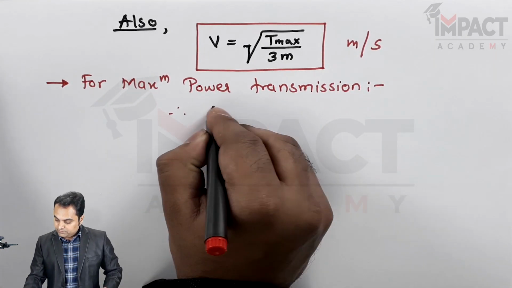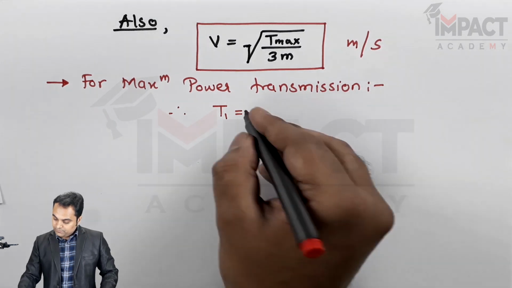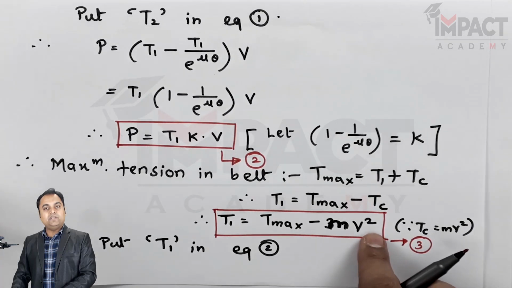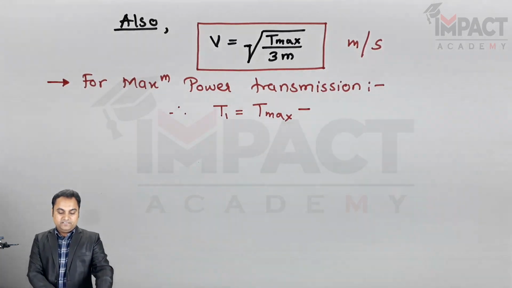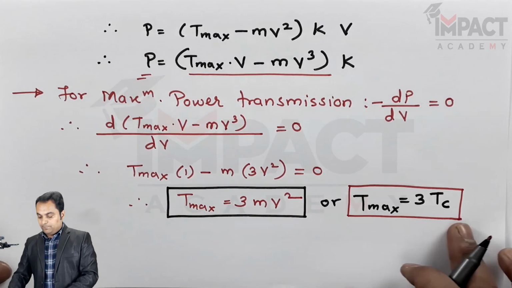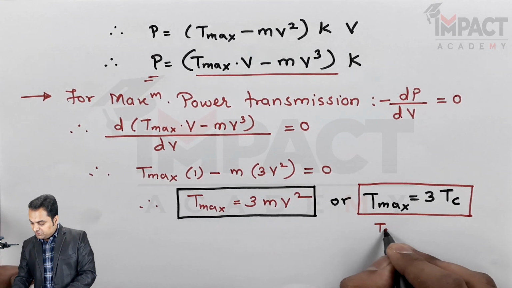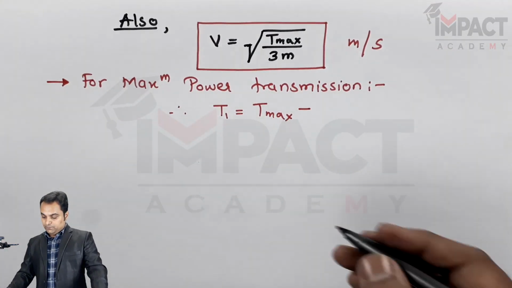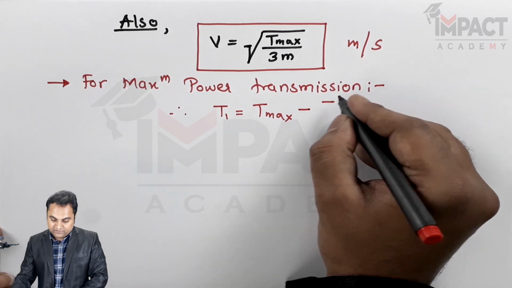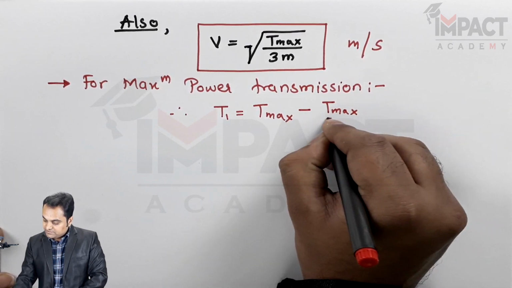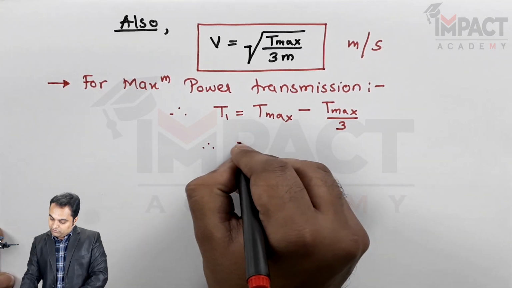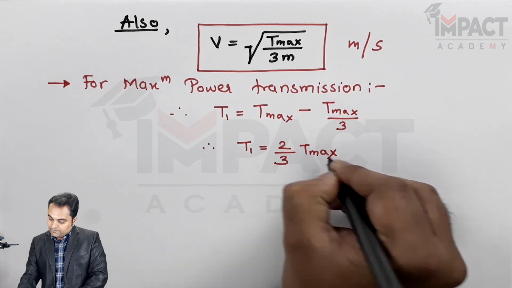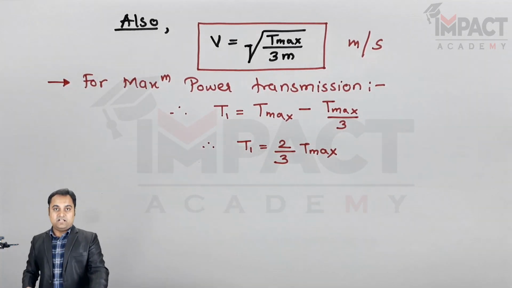T1 will be equal to Tmax minus mv square, which is centrifugal tension, and we know that for the maximum power transmitted condition, this centrifugal tension will be Tmax upon 3. So I am putting this value, that mv square, the centrifugal tension, is Tmax divided by 3. So in other words, T1 will be 2/3 of Tmax. That's the condition for maximum power transmission.